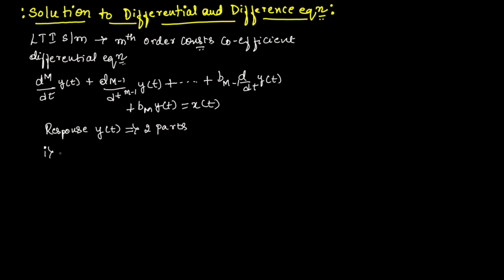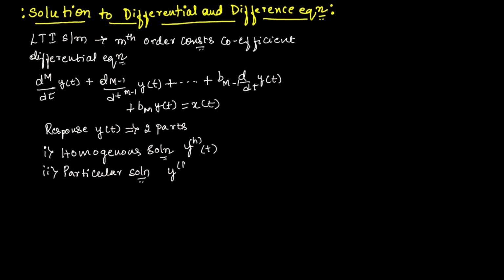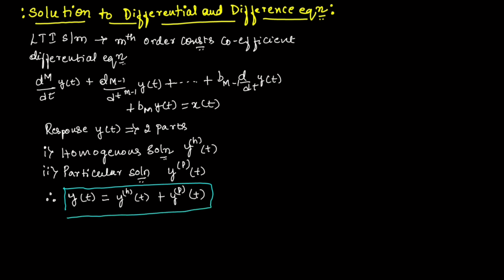First one is the homogeneous solution, which is represented as yh(t), and second one is the particular solution, which is given as yp(t). Therefore, the overall response of the system is y(t) is equal to yh(t) plus yp(t). This is the overall response of the system.